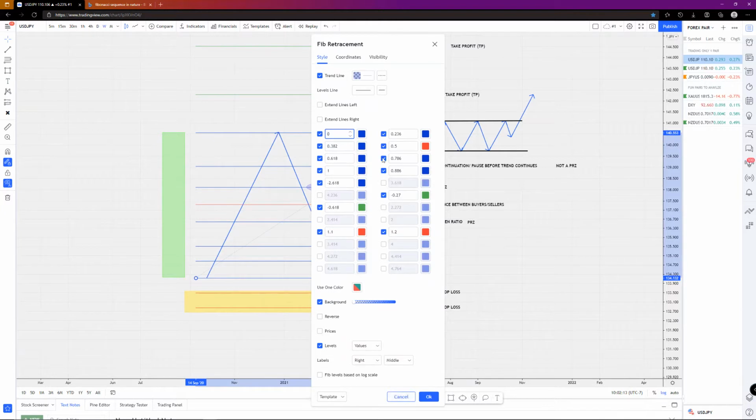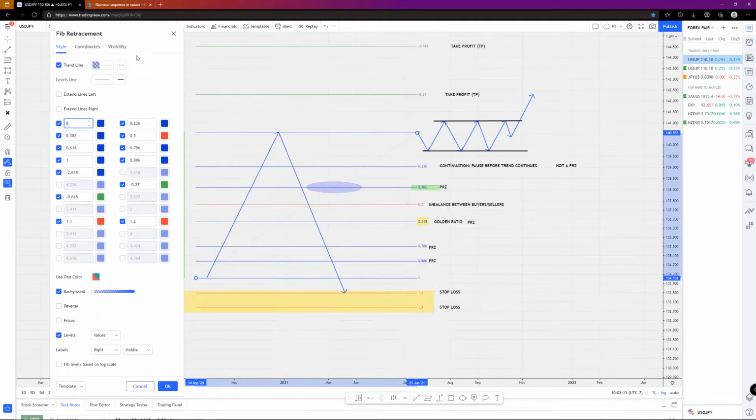So my actual Fibonacci inputs are these right here, and you can just replicate it. But overall, the 1.1 is 110% on the fib, and this is the 120%.